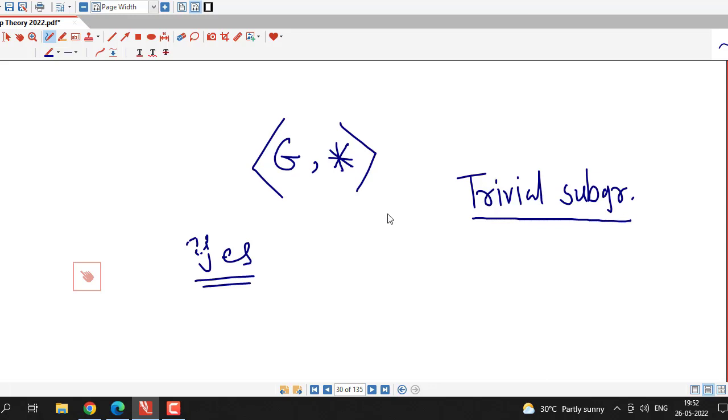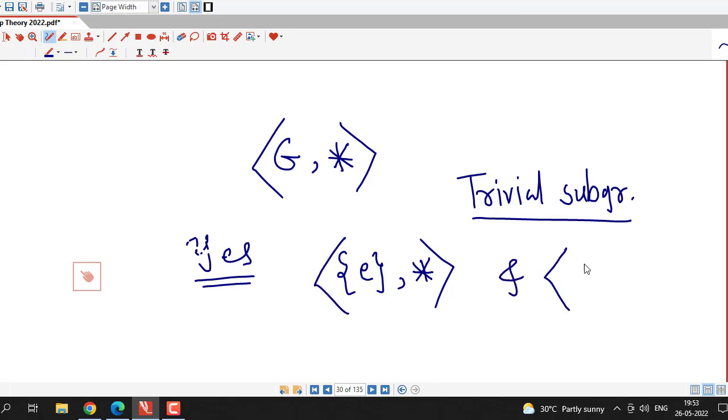Every group G has two trivial subgroups. One is the set containing the identity element of G. This is always a subgroup of group G, and another trivial subgroup is the group itself. So these two are trivial subgroups of group G.